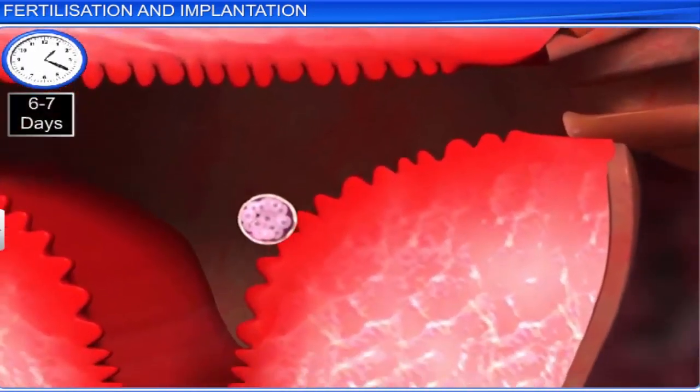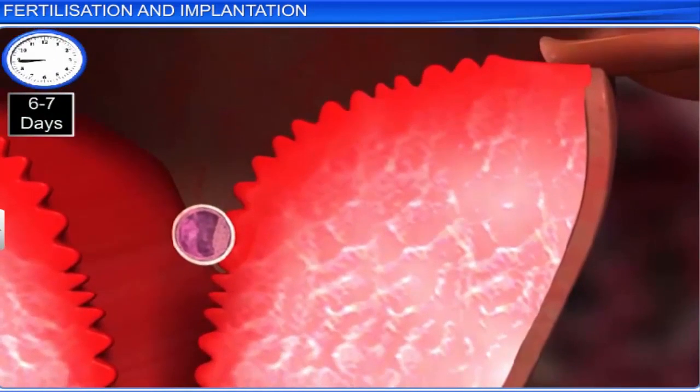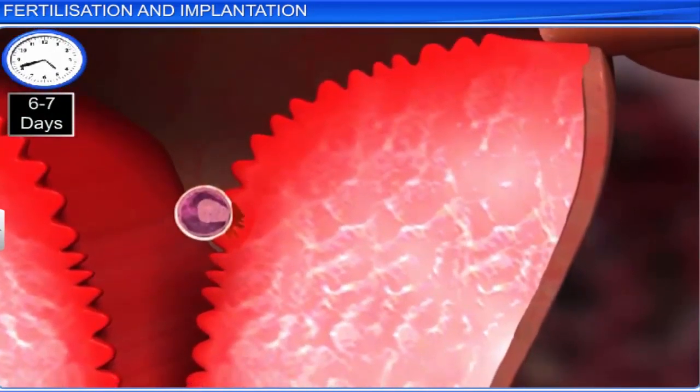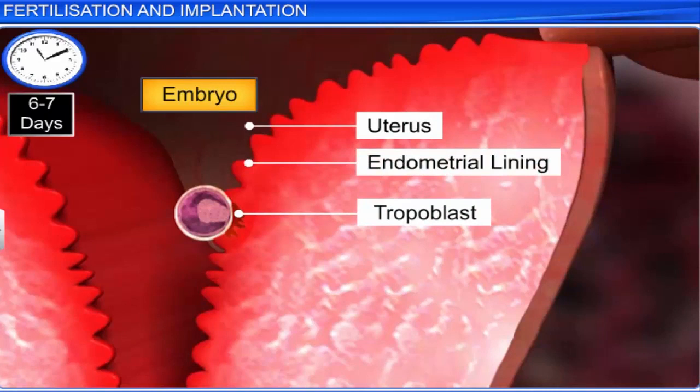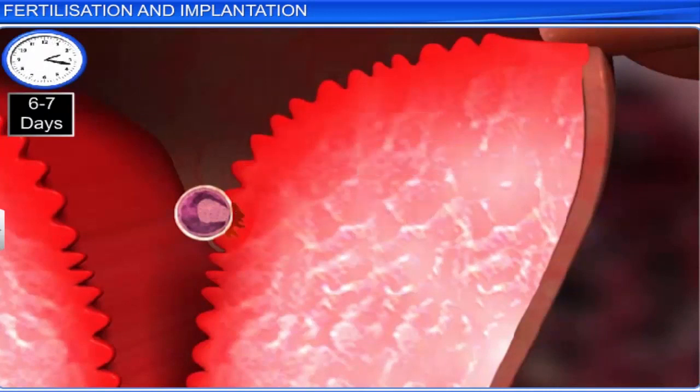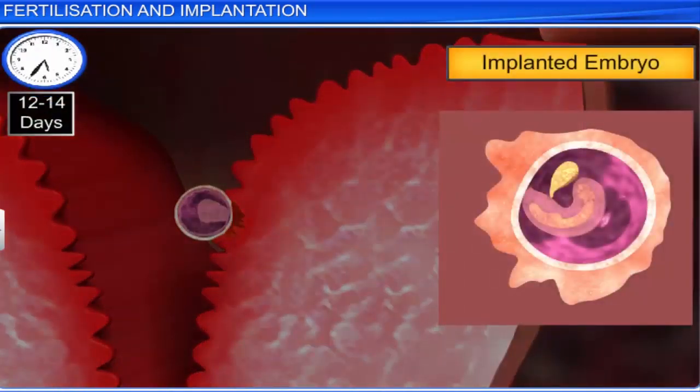Interestingly, at the blastocyst stage, the zygote, now called the embryo, gets attached to the uterus as the trophoblast grows outwards and penetrates the endometrial lining of the uterus. In response, the endometrial cells divide and start surrounding the blastocyst.